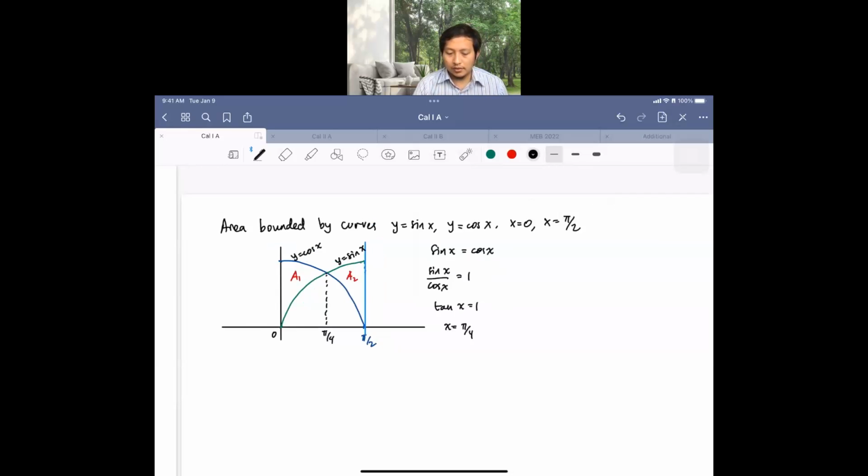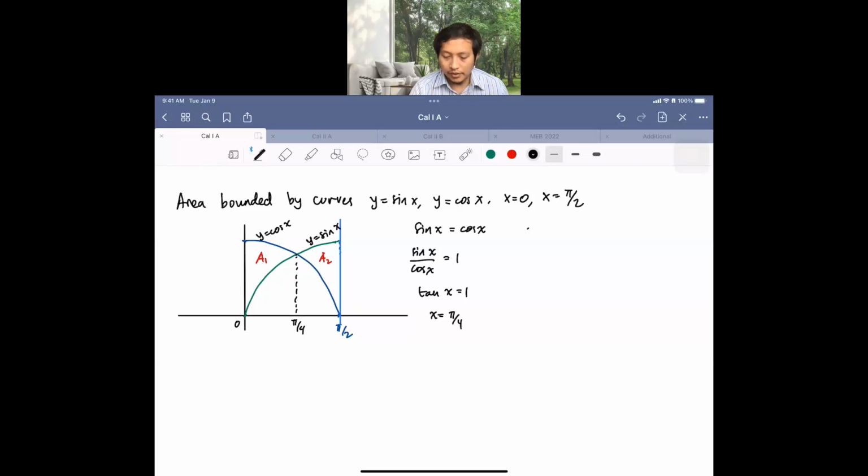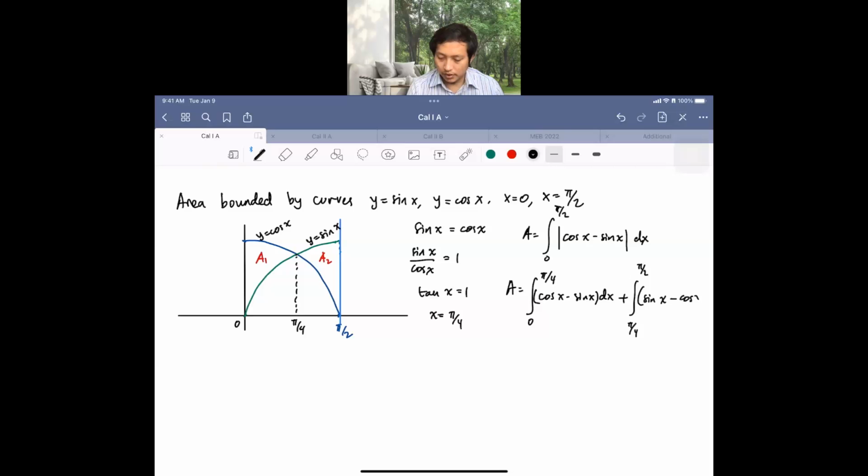Now if you write it in general, the area we can write from 0 to pi over 2 with the absolute value of cos x minus sine x dx, which means we can split at the middle point of pi over 4: cos x minus sine x, plus from pi over 4 to pi over 2, sine x minus cos x.